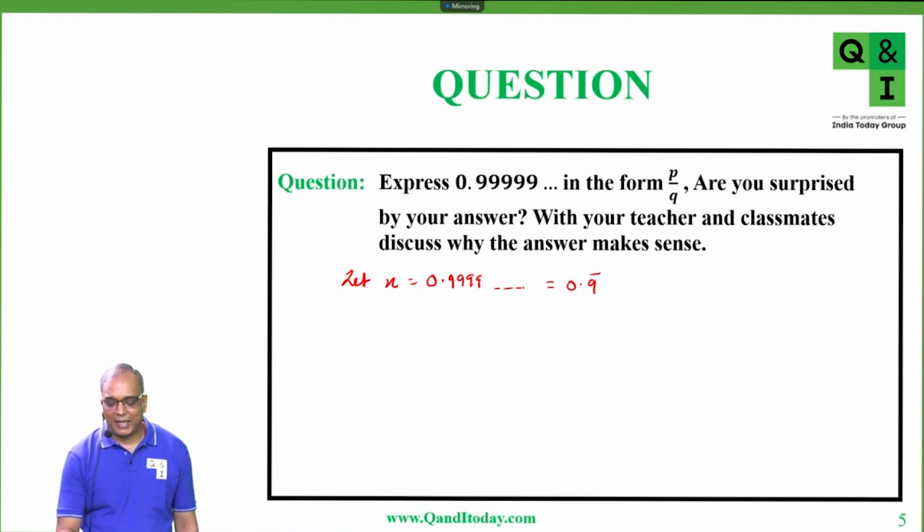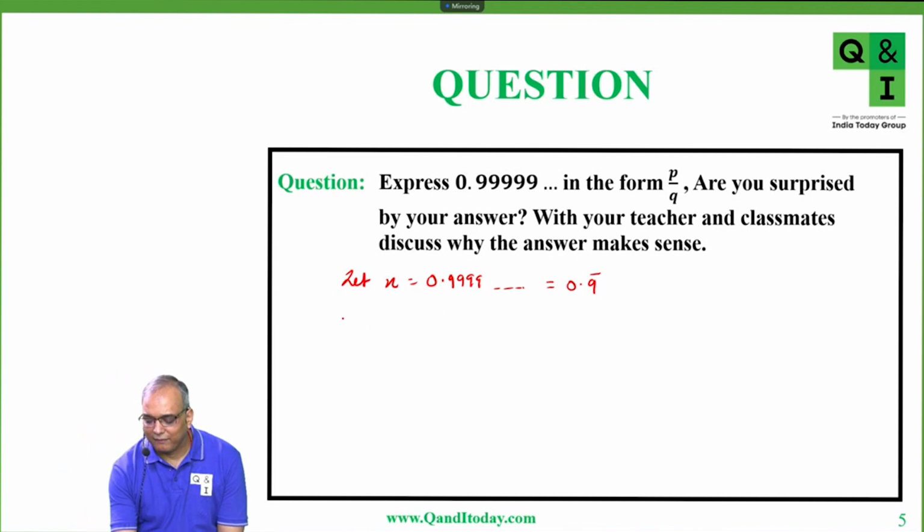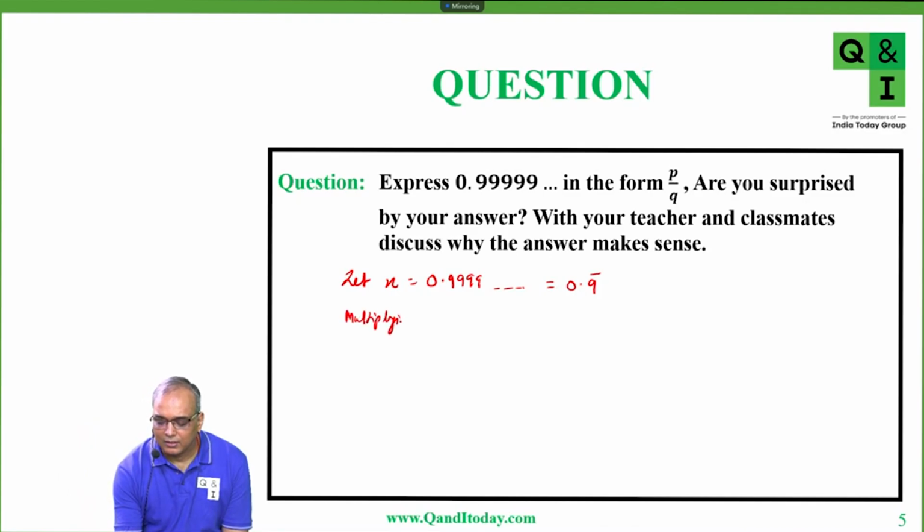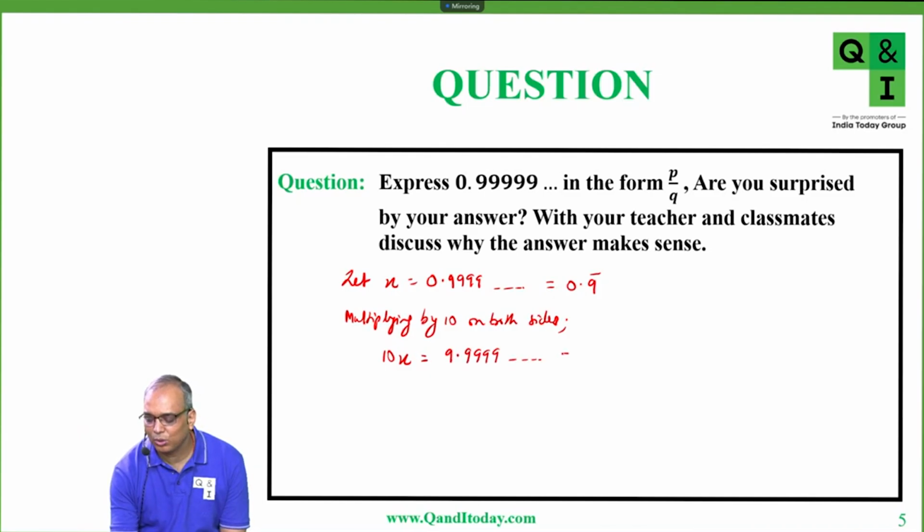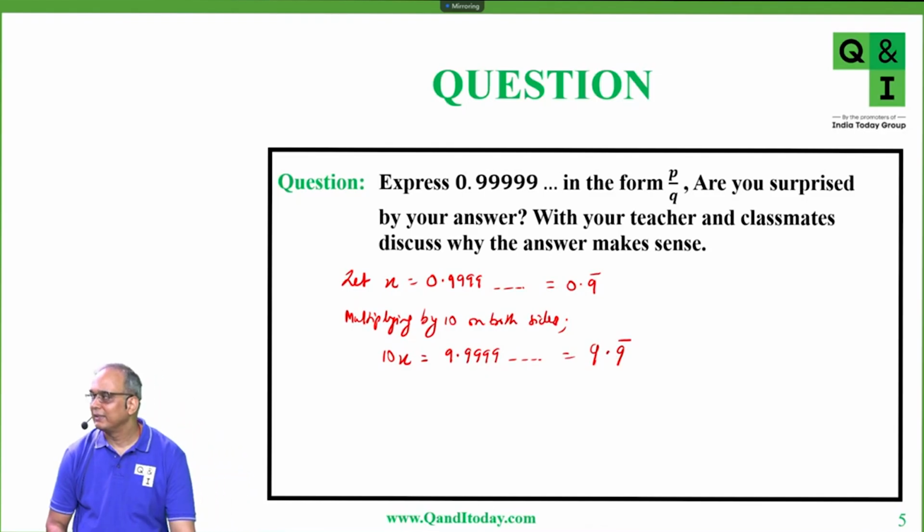Now we multiply by 10 on both sides of the equation, so we have 10x is equal to 9.999 and so on, that is 9.9 bar.